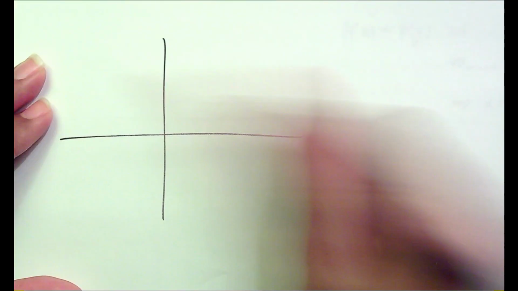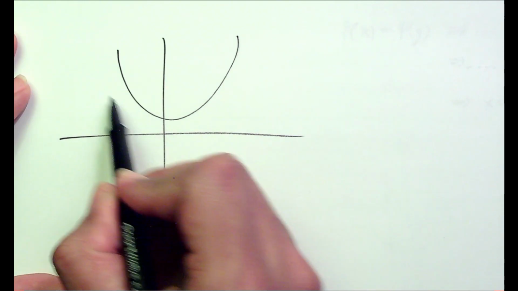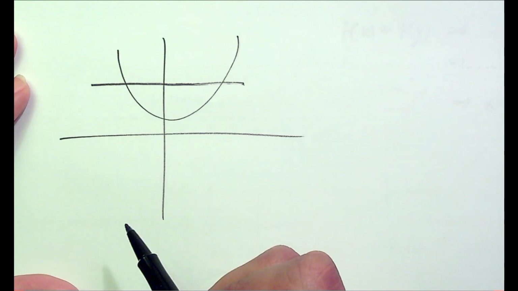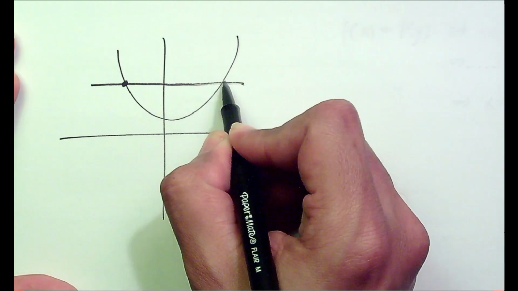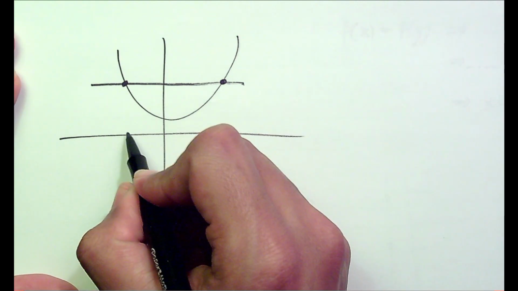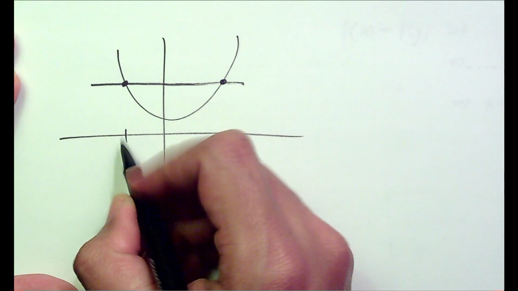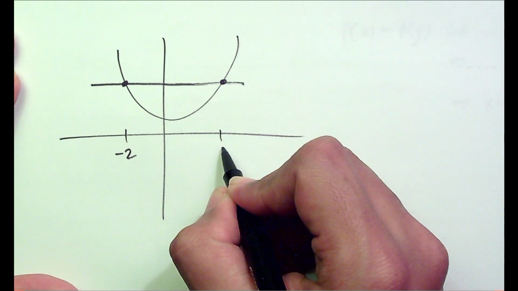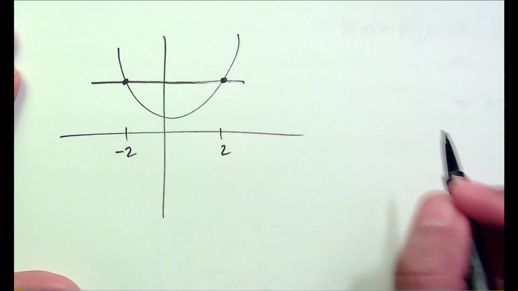And why is that? Well, if you have a graph and a horizontal line that intersects the graph at more than one point, let's say 2, could be 3 or 4 or more, but at least 2, then that means you actually have two different numbers. Let's make something up. Let's suppose this is -2 and this is 2.